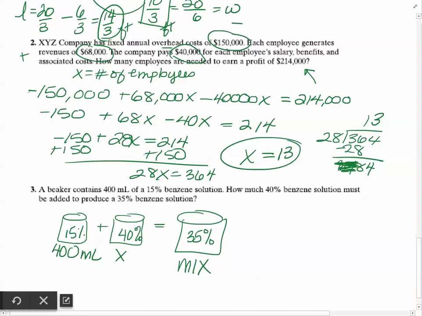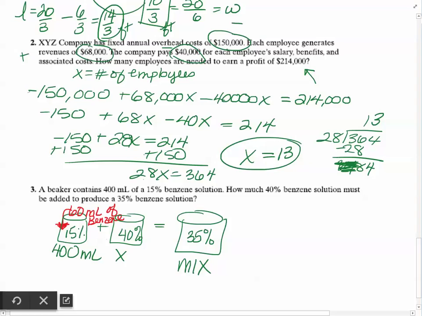So if you multiply 400 milliliters times the 15%, you get 60 milliliters of just the benzene. That is what's in here. And that's what I got by multiplying 400 times 0.15. Okay.